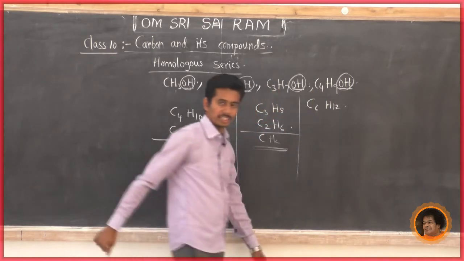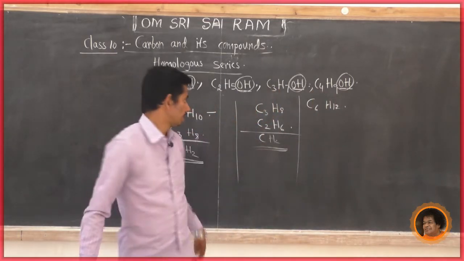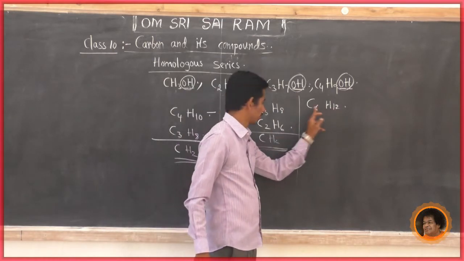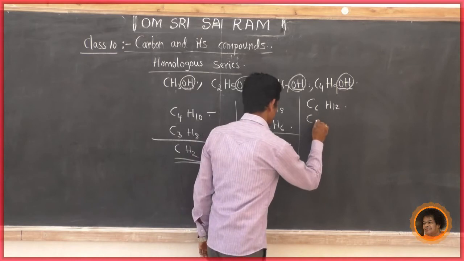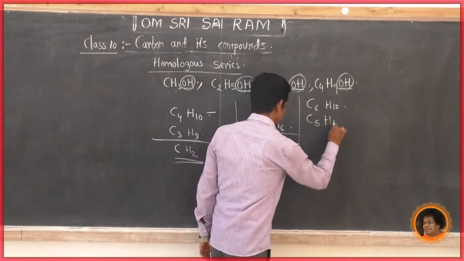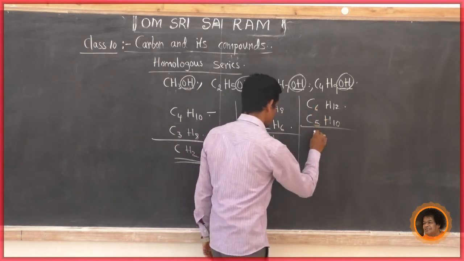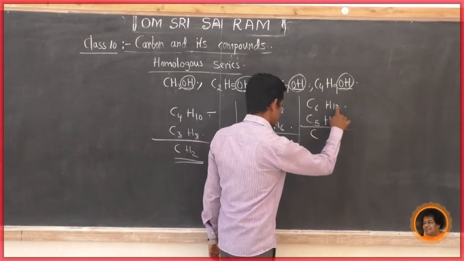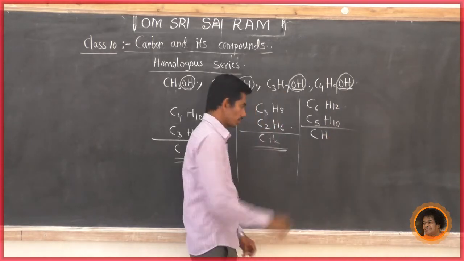Another example. C6H12 is an alkene, with formula CnH2n. So C6H12 is the alkene hexene. Now the other in the sequence is C5H10. Just subtract. 6 minus 5 is 1 carbon, and 12 minus 10 is 2.